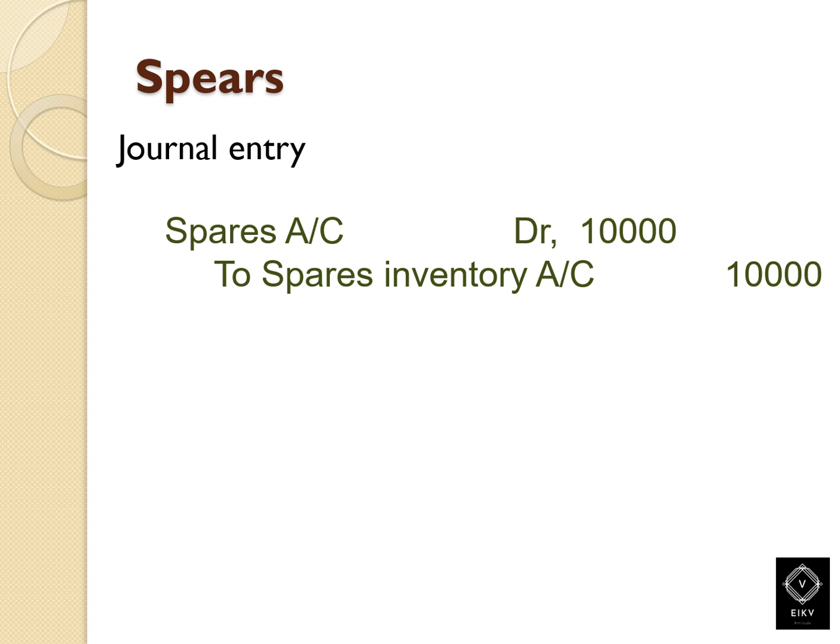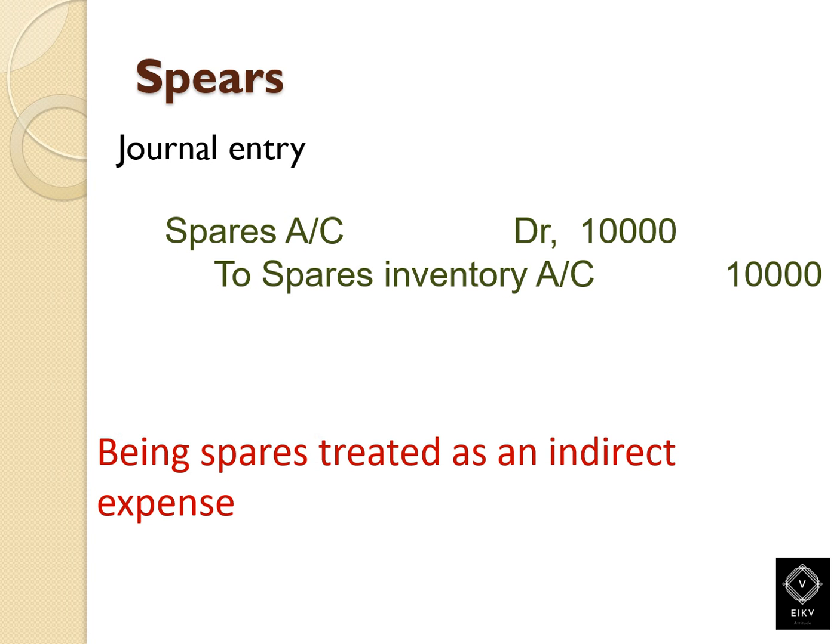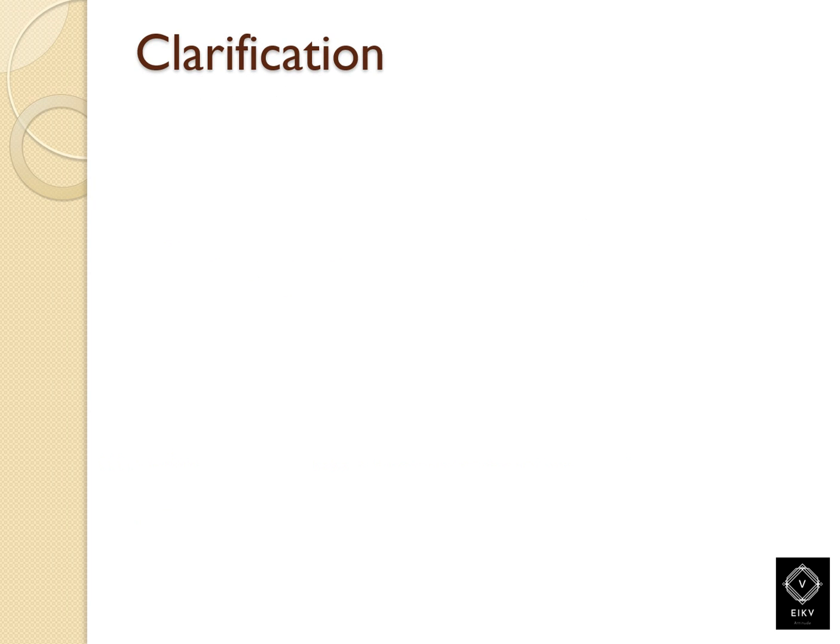Now we have used such spares for the manufacturing of that particular product and the spares have been reduced. Debit the spares account, which is of the nature of an expense account. So we debited the spares account and we credited the spares inventory account. The spares inventory account is an inventory account and it has been decreased at the time of production or after the production. So the narration will be: being spares treated as an indirect expense.